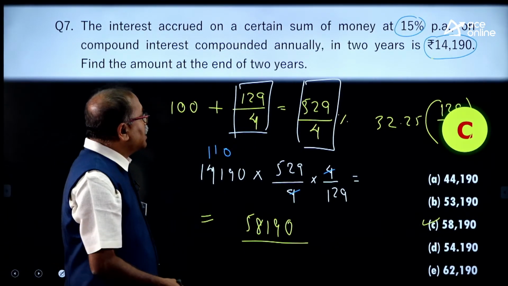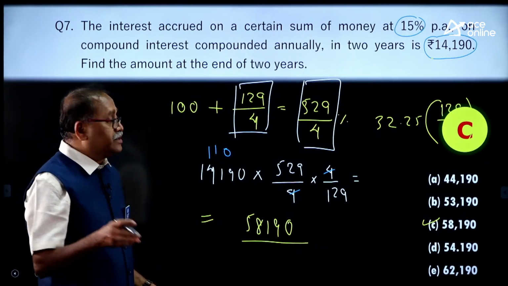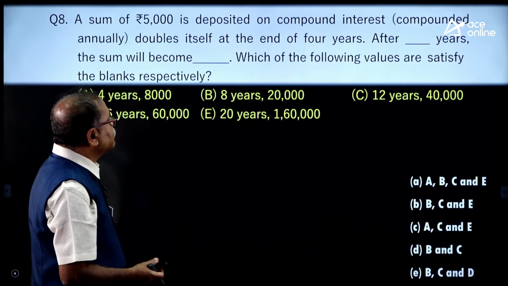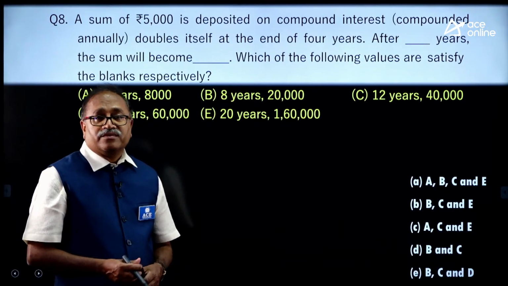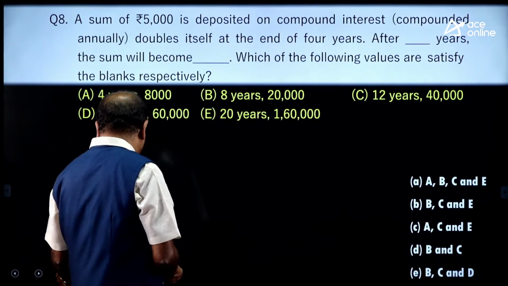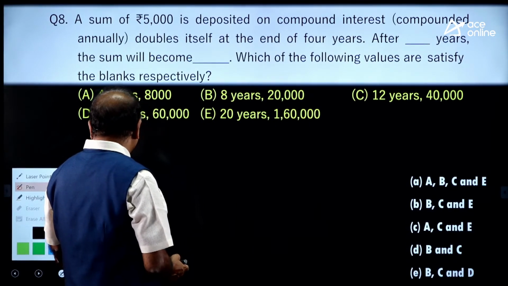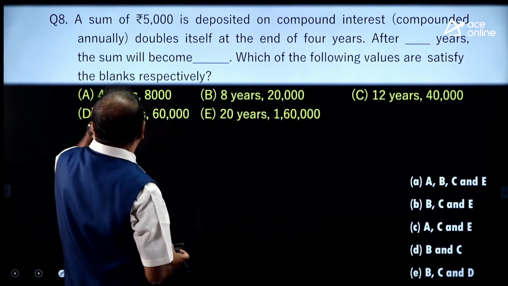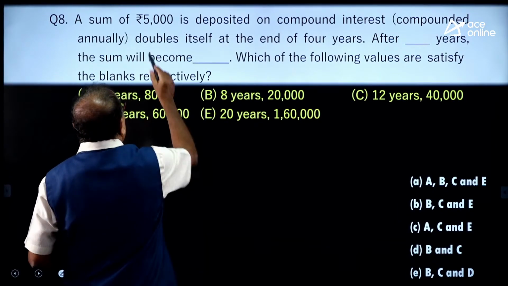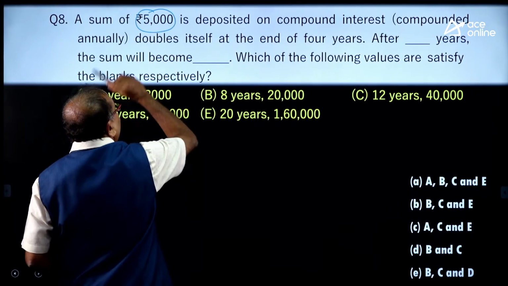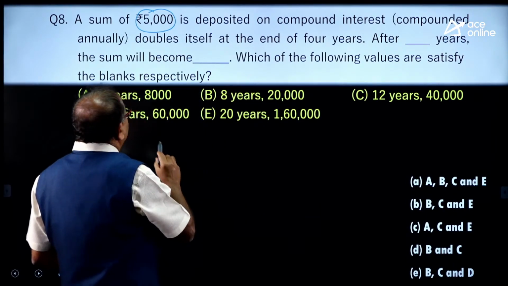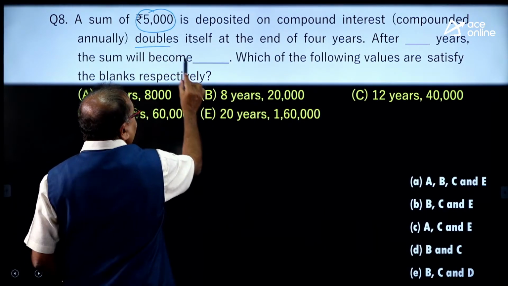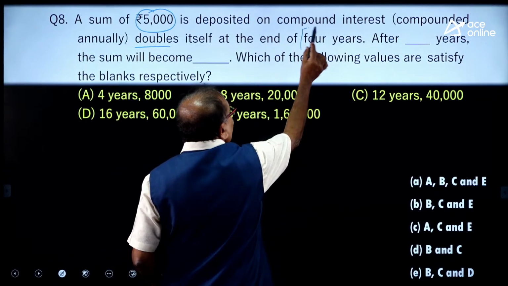Fine, my dear friends, I am moving on to the next question, a very frequently asked model. What is this? I will read it again. A sum of rupees 5,000 is deposited on compound interest, gets double itself at the end of 4 years.